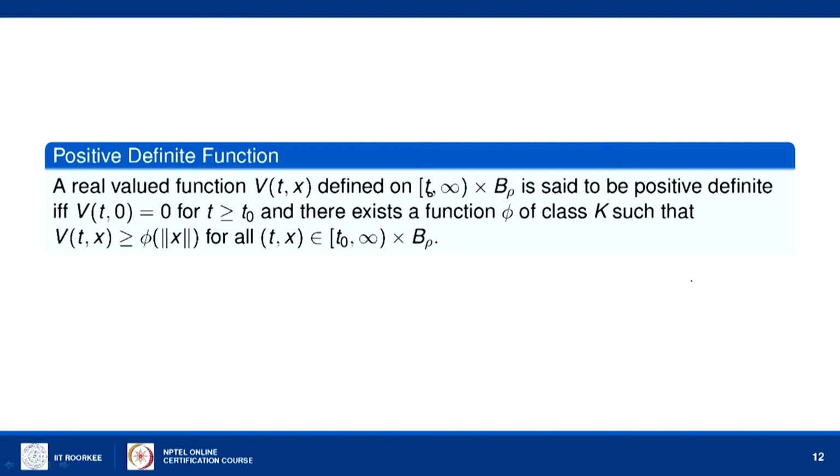So, for example, in two variables, let us say x means x1 x2 in R2, the value of the function v of t comma x1 x2. So, in that case, for each t, if you fix one particular t, then we will get a surface, something like this.